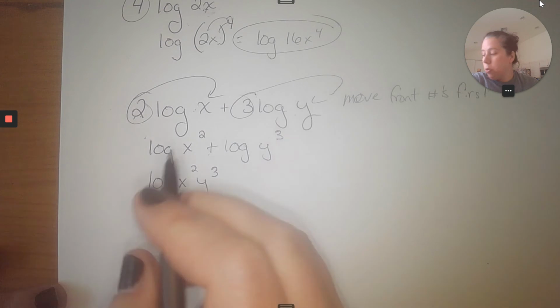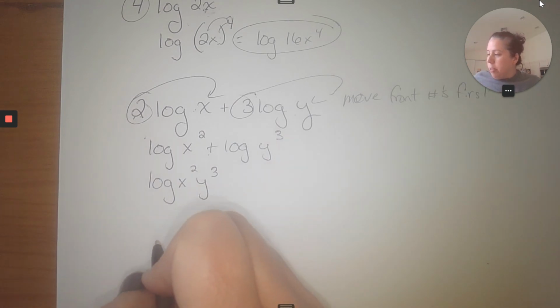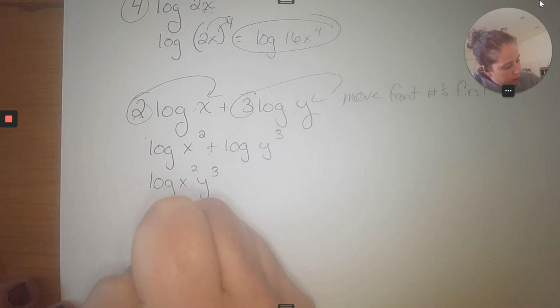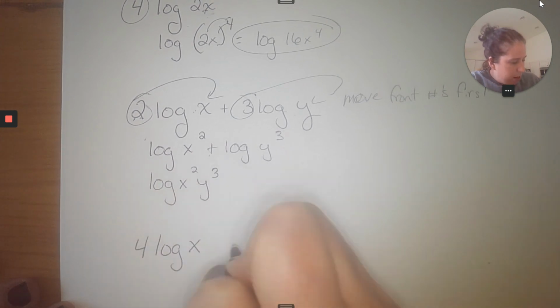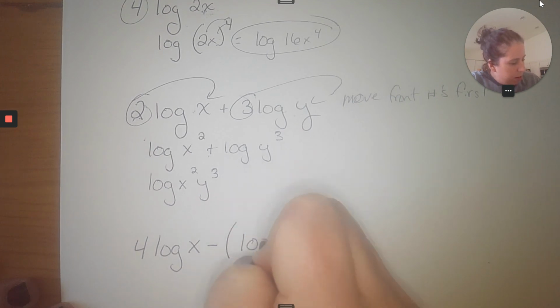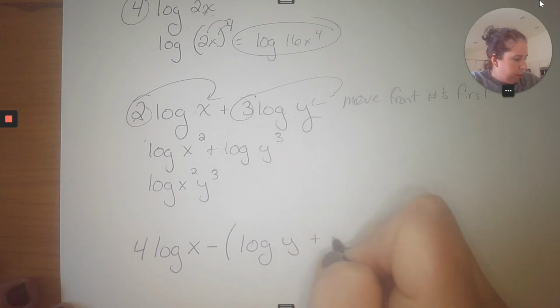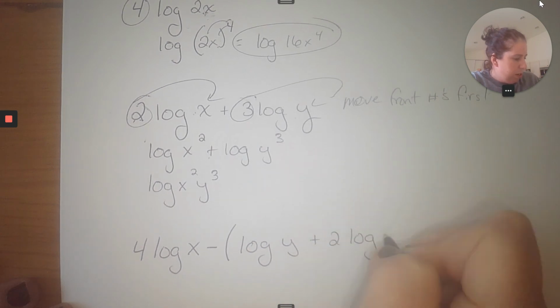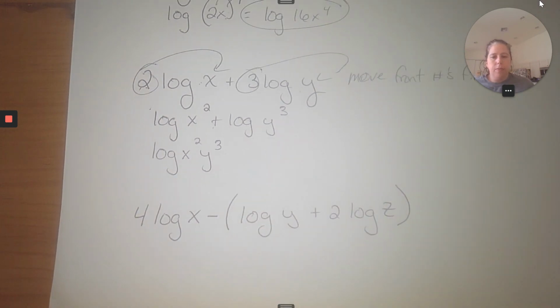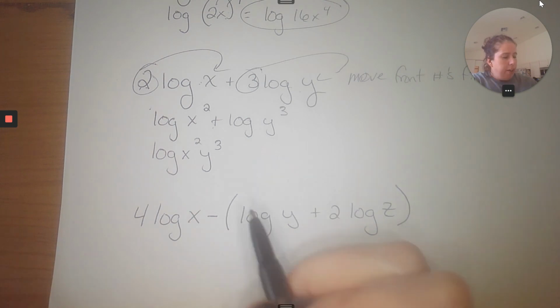Let's just do one more real quick. Let's see, I've got another one: 4 log x minus, let's do this, log y plus 2 log z. Pause it, give it a shot if you want. Some of you aren't even watching the videos, but that's all right. Any front numbers, move them up.